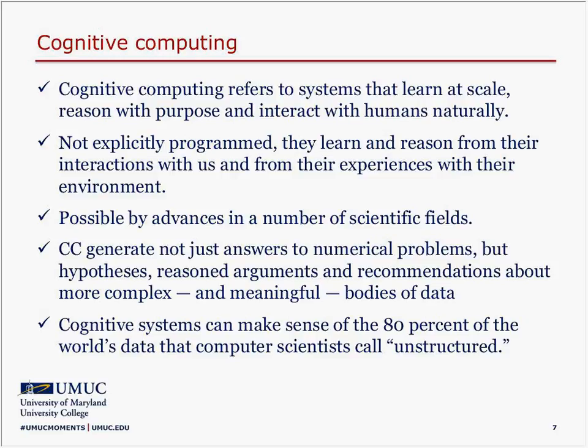Let me give an example of what I'm talking about. We're talking about a computer which has to learn like we humans learn. And to learn, we have to provide the input information.